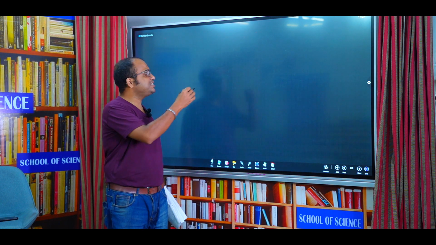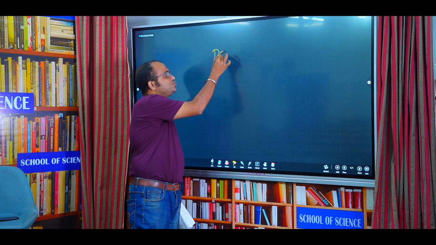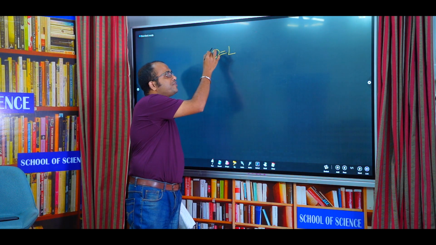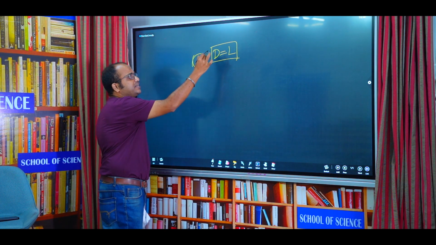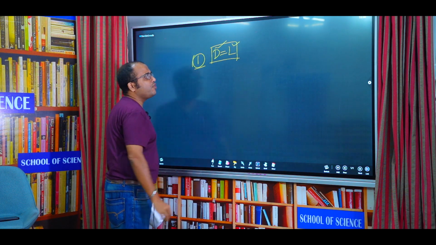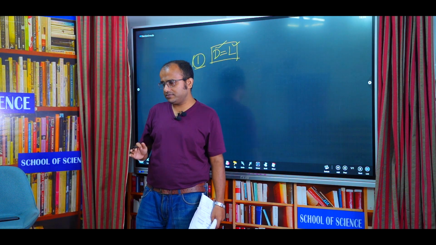If any stationary object is there, then distance is always equal to the length of the train. This is formula number one: D for distance, L for length of train.